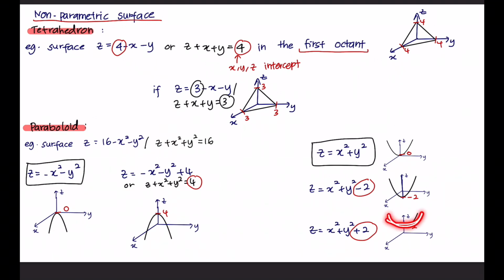So we have this graph. Remember, for non-parametric surface, make sure you write z in front, z equal to something, because it is easier to identify the type of surface.